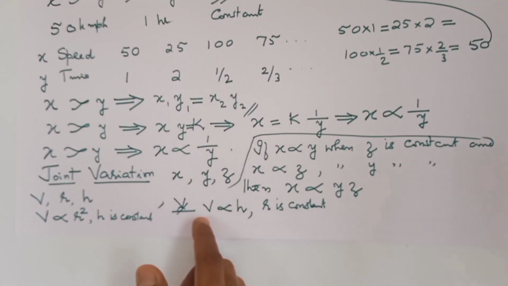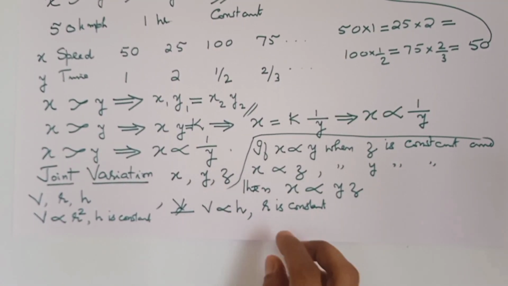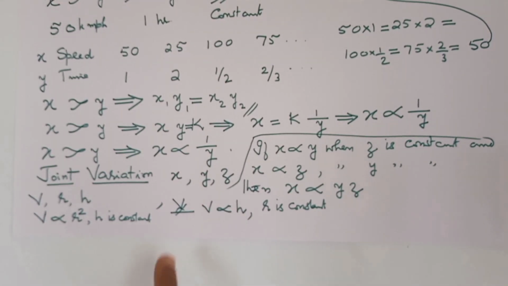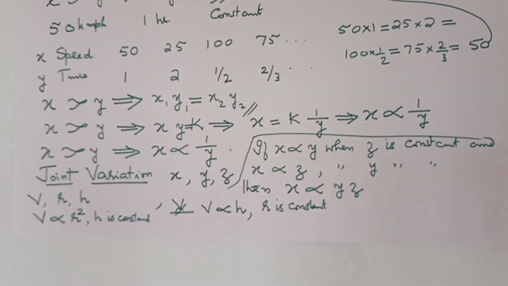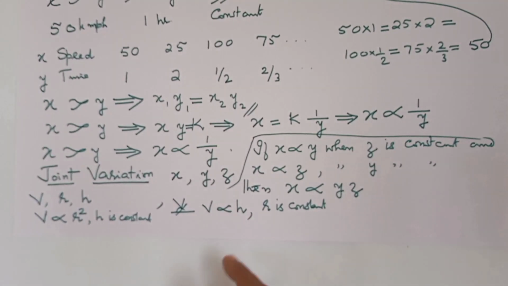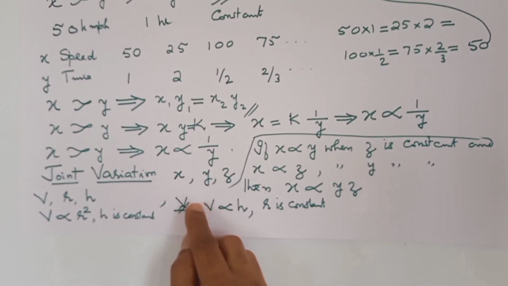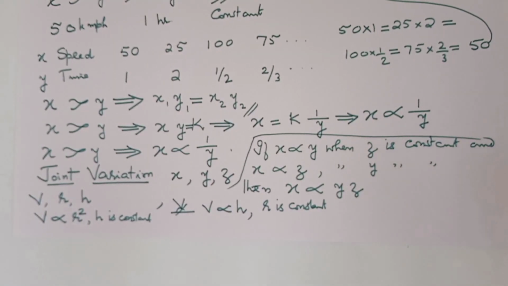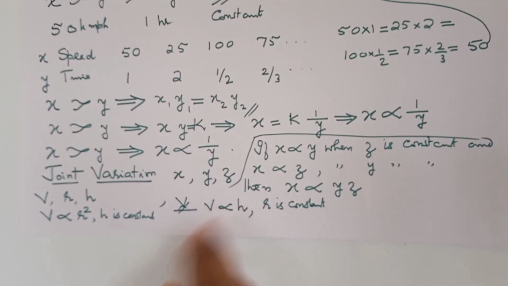In the same way, in the second case, you are looking at all cylinders with the same radius but different heights. In that case, if you check the ratio of V by H, that will always remain the same. Rather, V will be directly proportional to H.